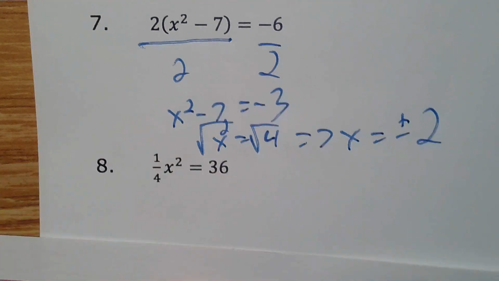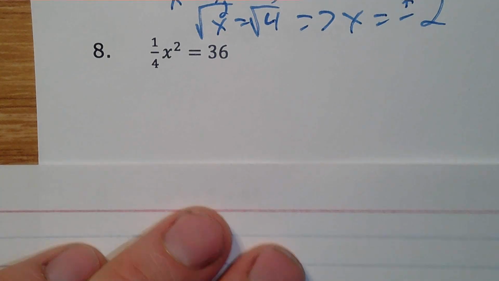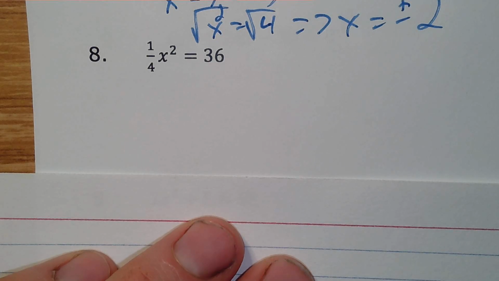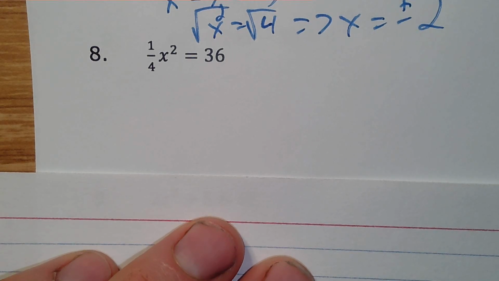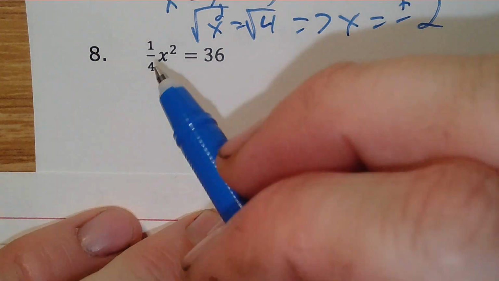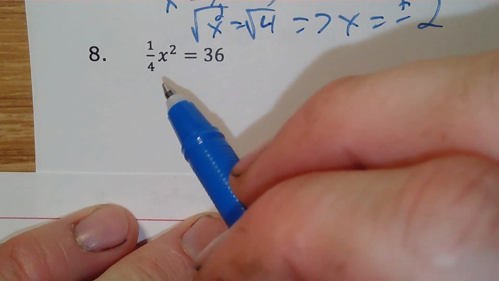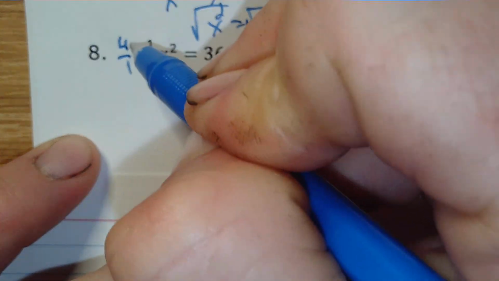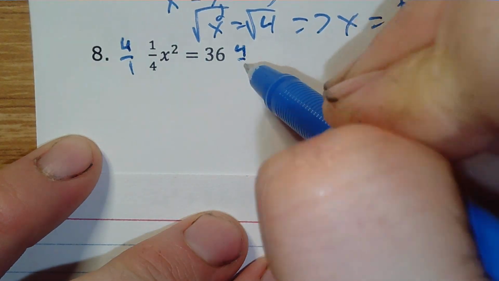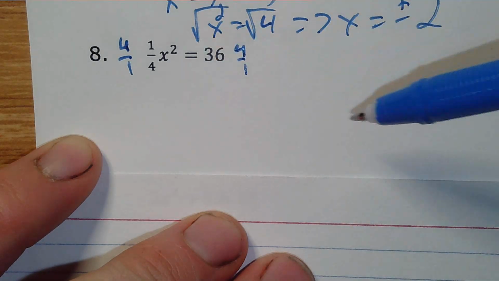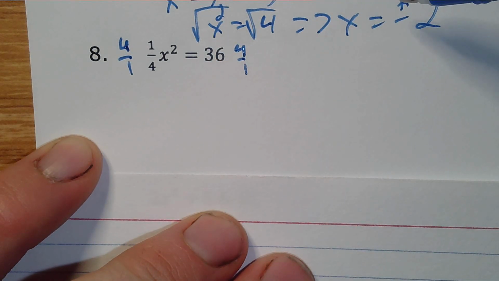Let's do one with a fraction. I have 1/4 x squared equals 36. If I want to get rid of that fraction, I have to multiply both sides by the reciprocal of that fraction, so I'm going to multiply both sides by 4/1. That clears my fraction.